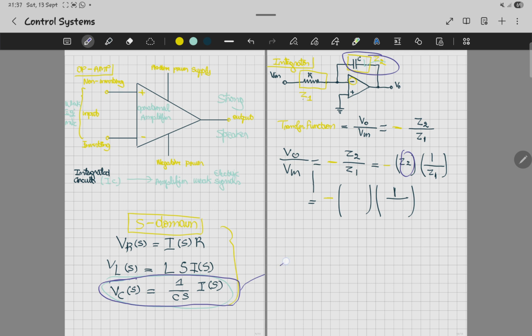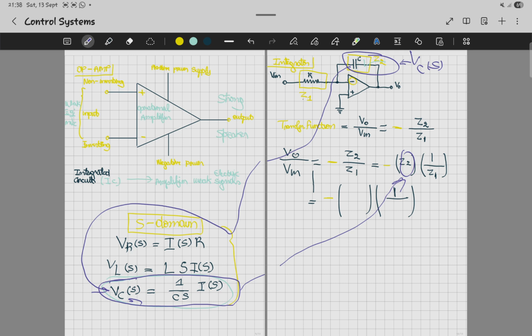We're going to take this formula and replace it into Z2, because Z2 is constituted of C, and the voltage across C is VC. That's what we're going to replace there for Z2.